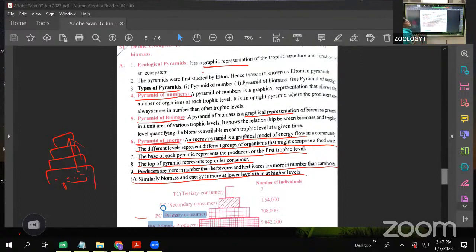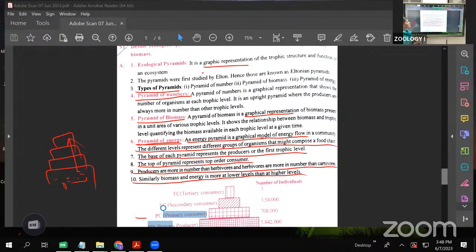Every time, whether you take number, biomass or energy, the lower, first trophic level will be more. Going to the second, third and fourth trophic levels, they gradually decrease.